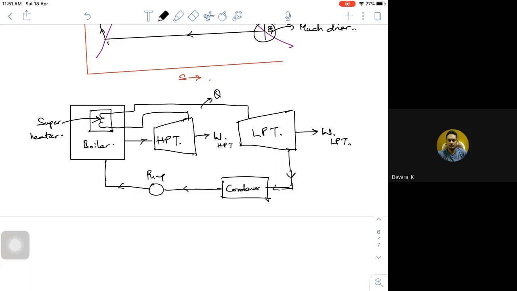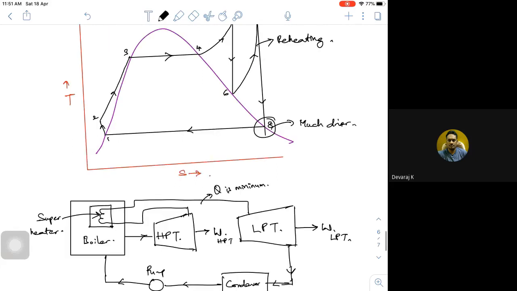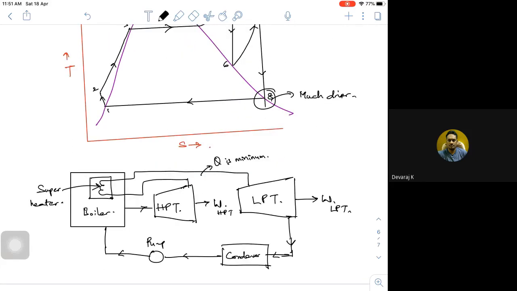I have to ensure this heat loss is minimum, and the steam has to be brought to a particular temperature for the low pressure turbine, at lower pressure and higher temperature, so that I get much drier steam after expansion. This is how it is achieved.